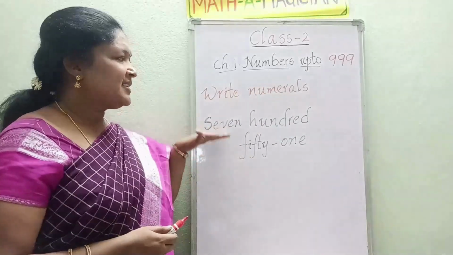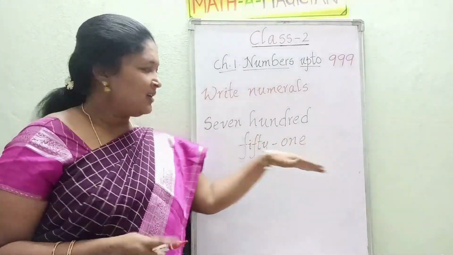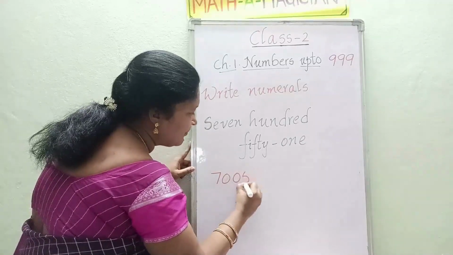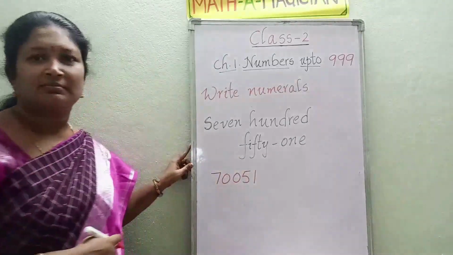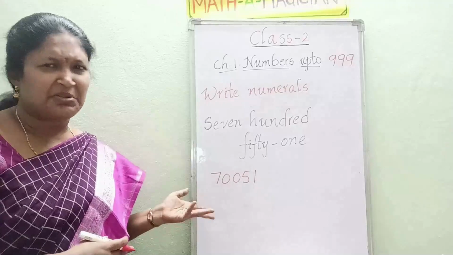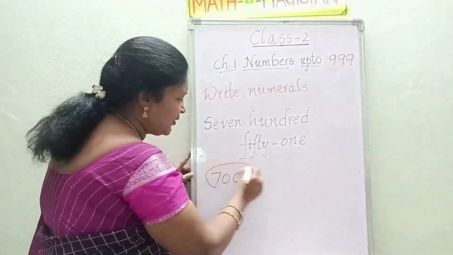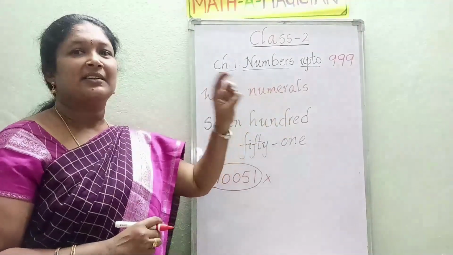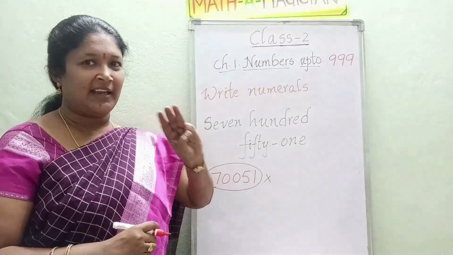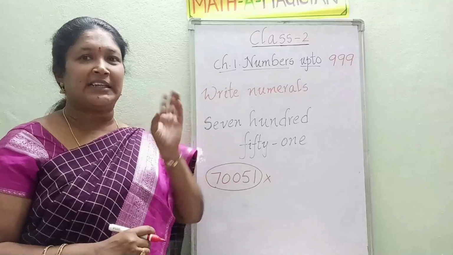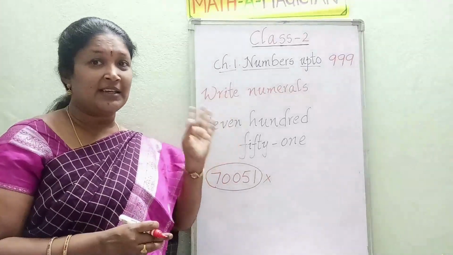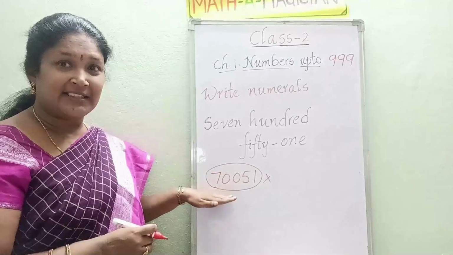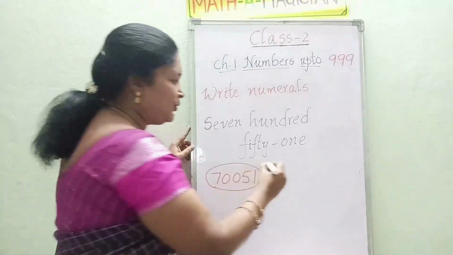So how to write? 751. Is that right, children? No, this is wrong, because hundreds means 3-digit number only. Hundreds place value means that is the third number, and all those are 3-digit numbers only. You should not write like this. This is wrong.